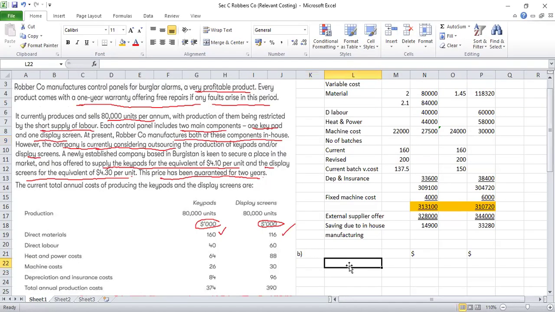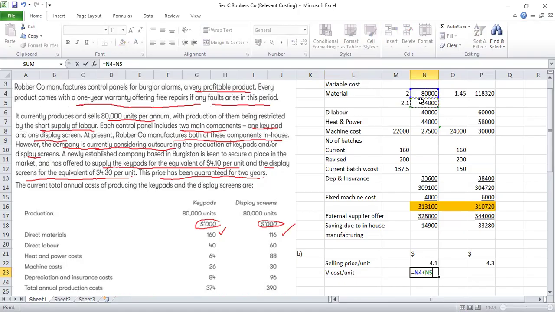So we will start calculating contribution per unit. Selling price per unit: just like the last question, we are following the steps of the single limiting factor. It is 4.1, just as the supplier's. Then we have variable cost per unit. How to calculate: this amount plus this labor cost and plus this machine cost.